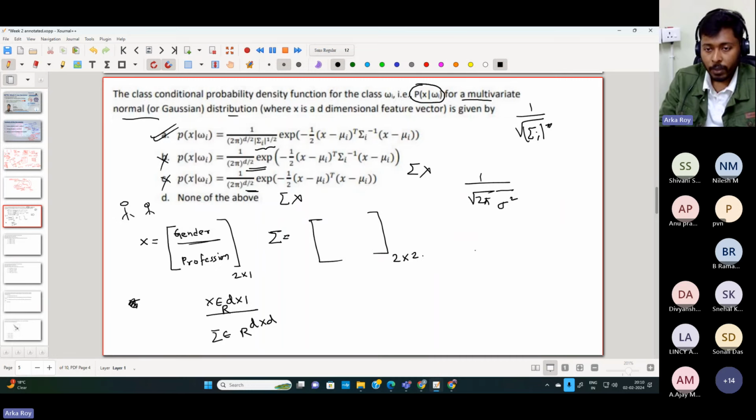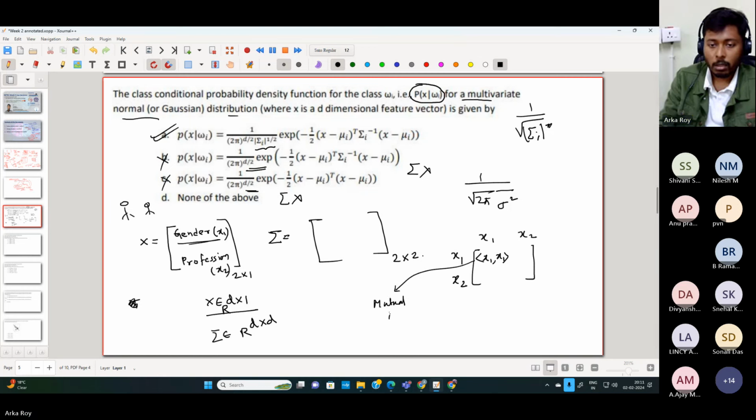Let me abbreviate the features as x1 and x2. The covariance matrix basically calculates a dot product, or mutual information, between these variables: x1 comma x1, x1 comma x2, x2 comma x1, and x2 comma x2.